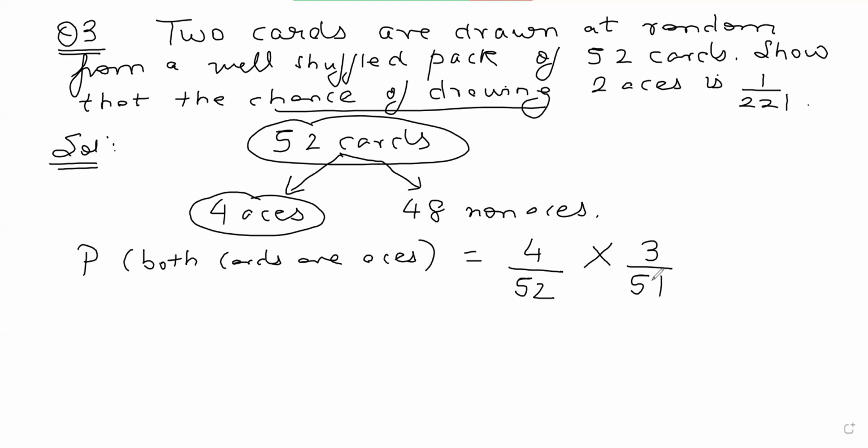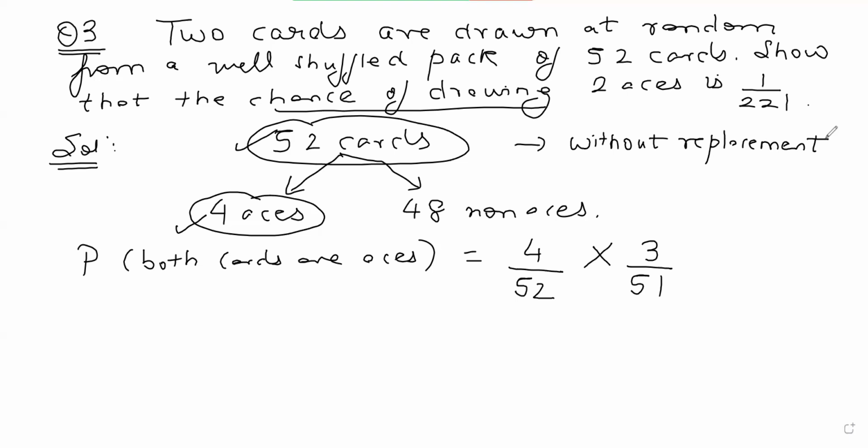Very simple. We want both the cards to be aces. The probability of the first card being an ace is favorable outcomes 4 over total outcomes 52. Now that card is chosen and it's not getting replaced. It's happening without replacement. What's the probability of the second card being an ace?